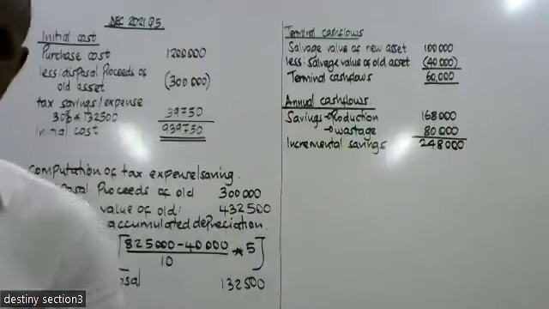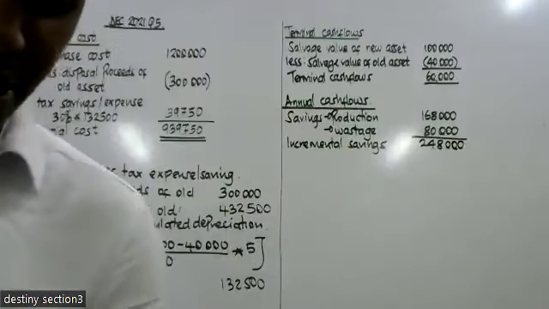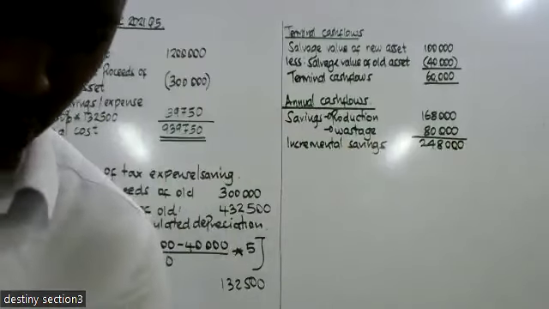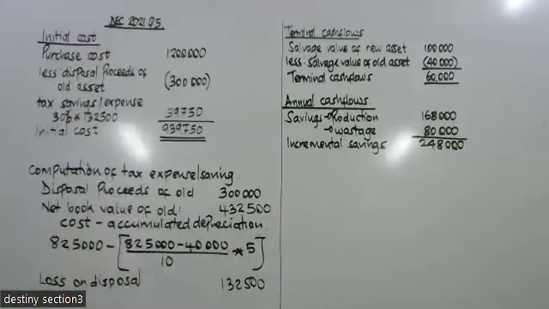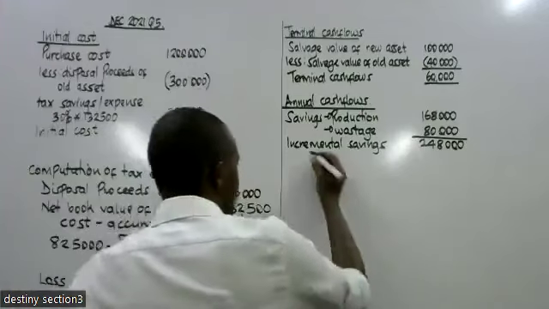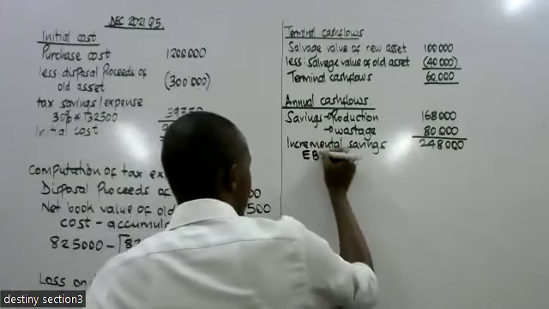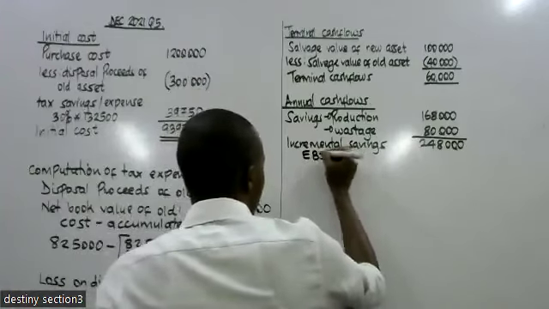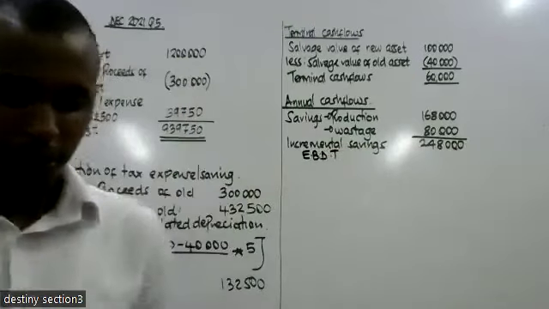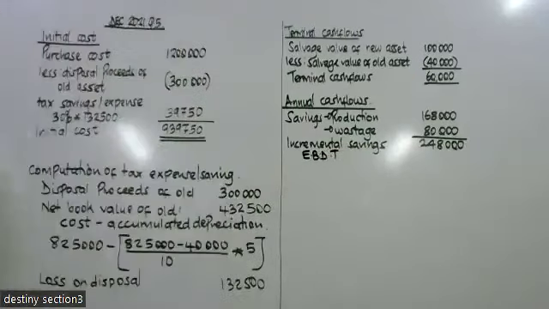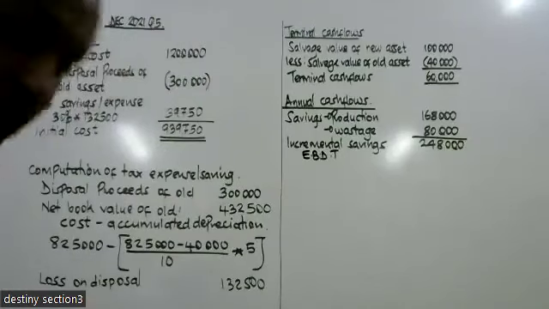That savings is the one resulting in an increase in your earnings, which is your earnings before depreciation and tax, the incremental savings. In this case, they did not give you revenues or variable cost.